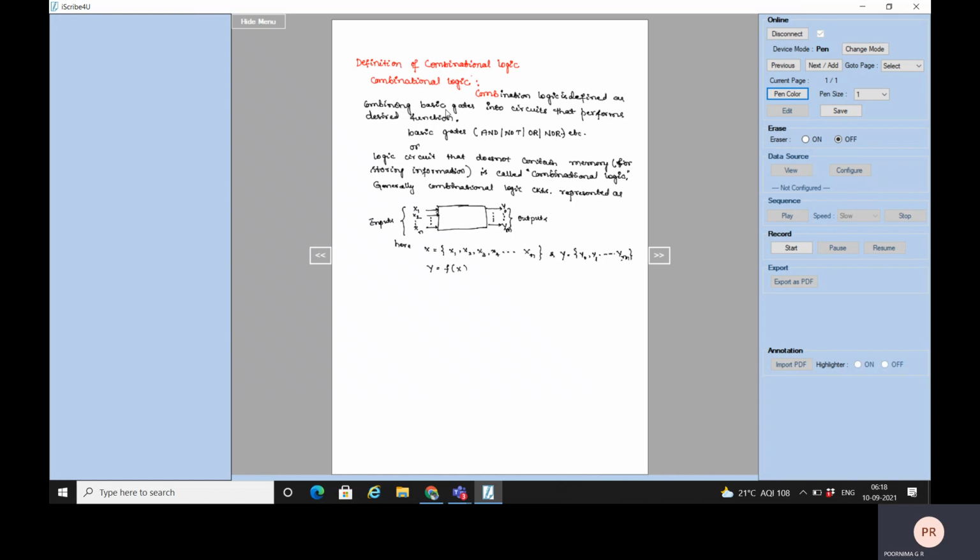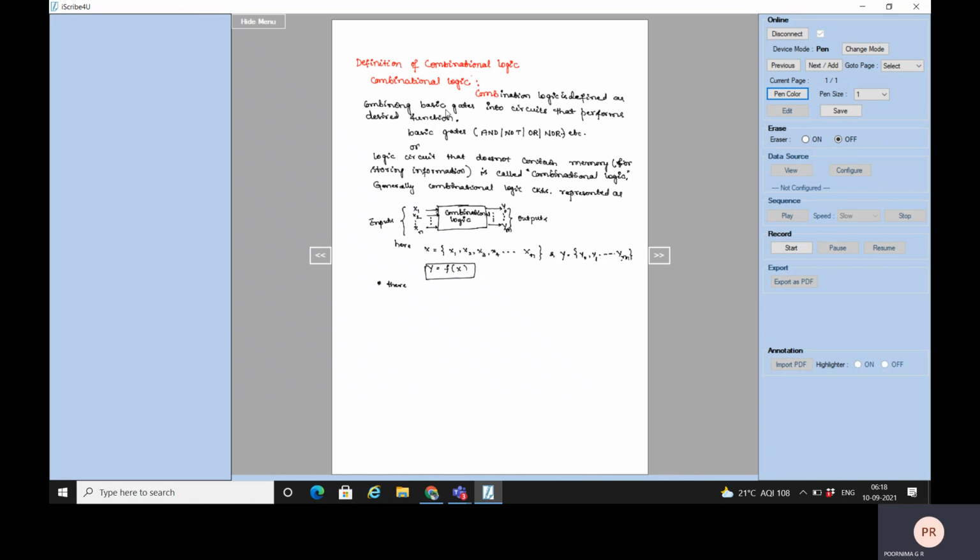And if you are observing this particular block, it is a combinational logic. And here, if you observe the relationship between the output and the input, there is no feedback.